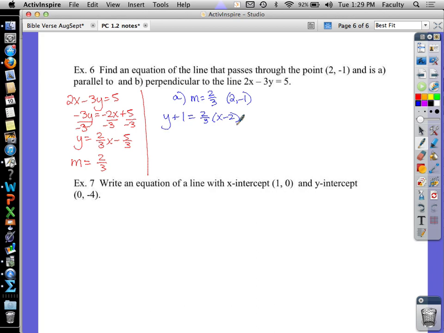When you have a pesky fraction, we can just multiply by that denominator, and I get 3y plus 3 equals, the 3's cancel, but I do have to distribute the 2. So I get 2x minus 4. I'll subtract 3 and get y equals 2/3 x minus 7/3. In case you can't read it, that is a 7/3.